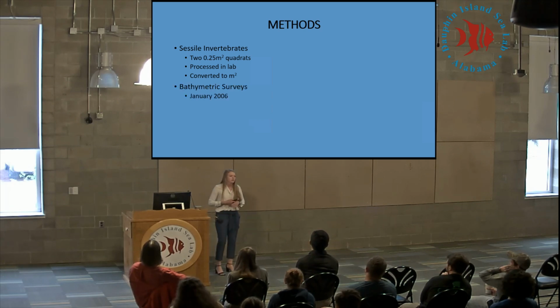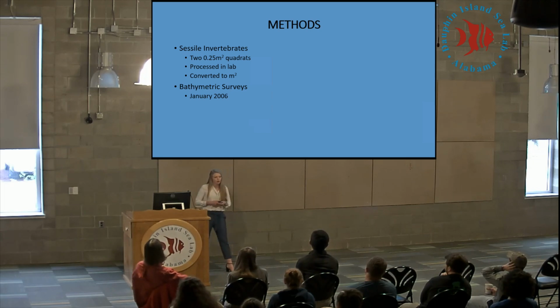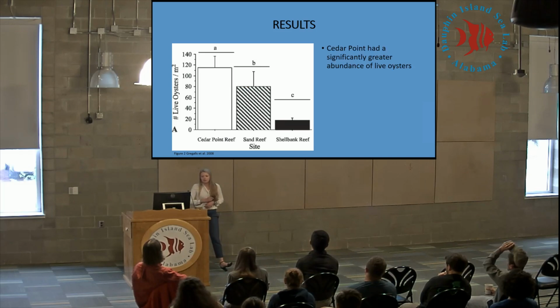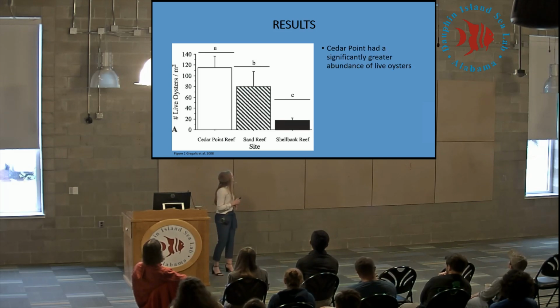They looked at each reef, taking a sample from both the crest, which is the top of the reef, and the base at the bottom of the reef. Those samples were then taken back to the lab and processed, and the data was extrapolated to assume that the 1/4 meter was representative of 1 meter squared on that reef.